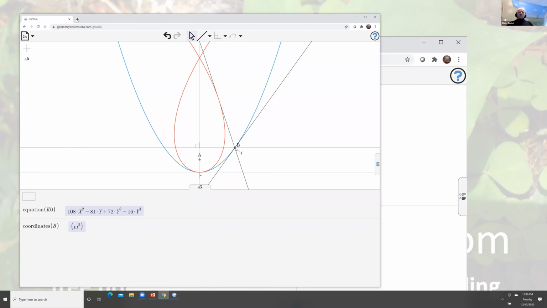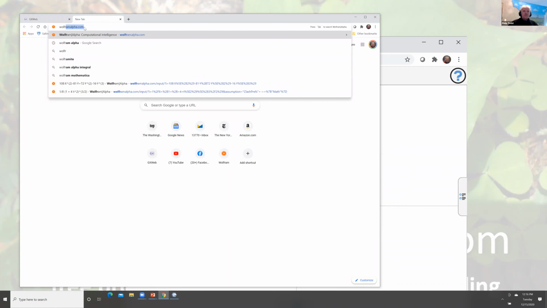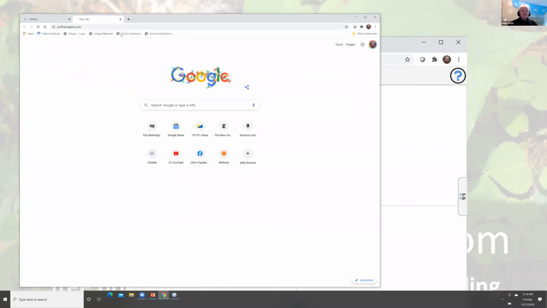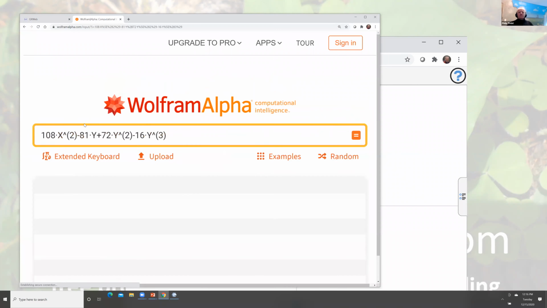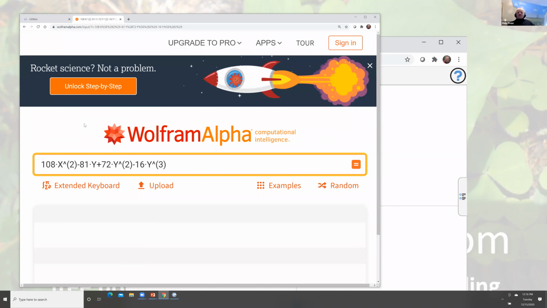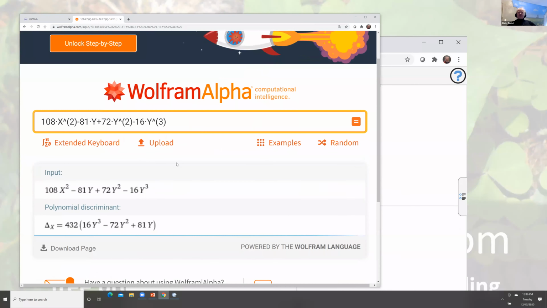So let's go into WolframAlpha and paste that thing in there. The nice thing about WolframAlpha is that when you give it something, it sort of bombards you with information about the thing that you gave it.